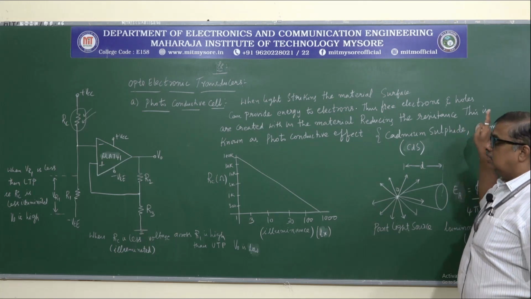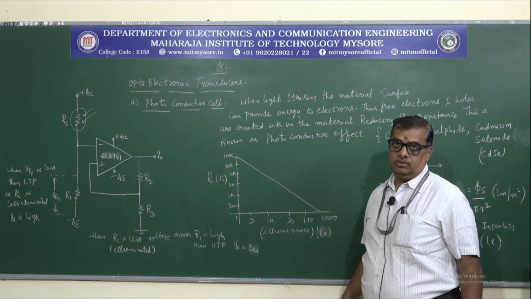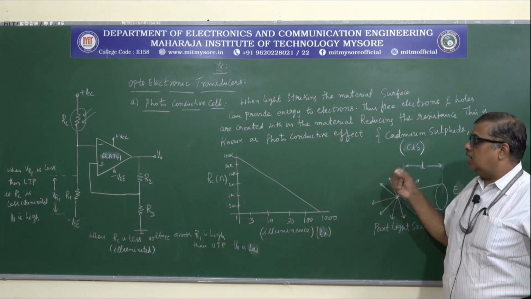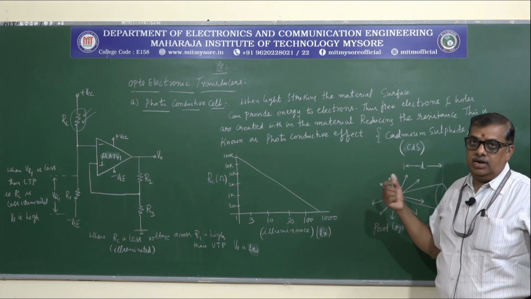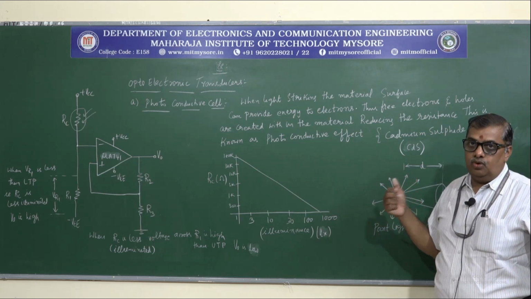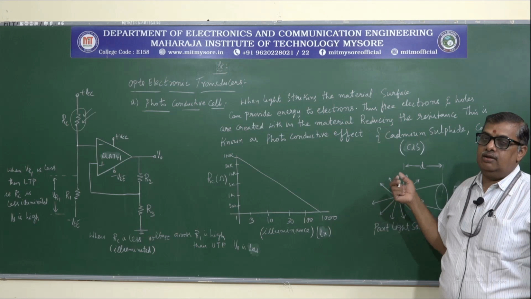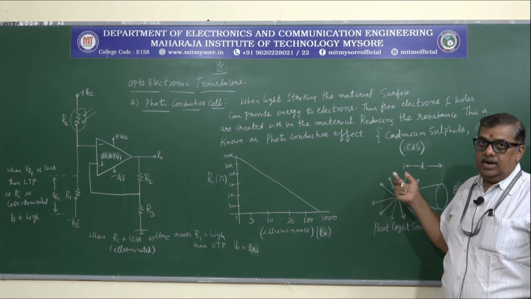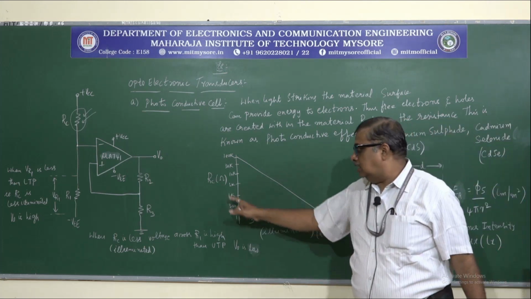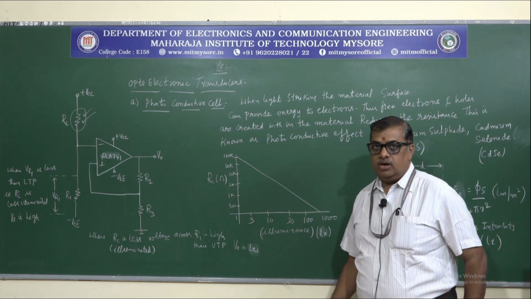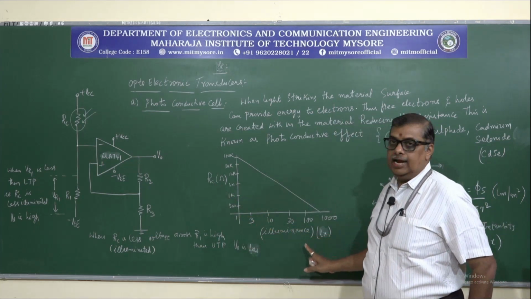Reducing the resistance, this is known as the photoconductive effect. In simple words, whenever light strikes these materials, free electrons get liberated and start flowing, so current is produced. That is known as the photoconductive effect, and that current is called the photoelectric current.